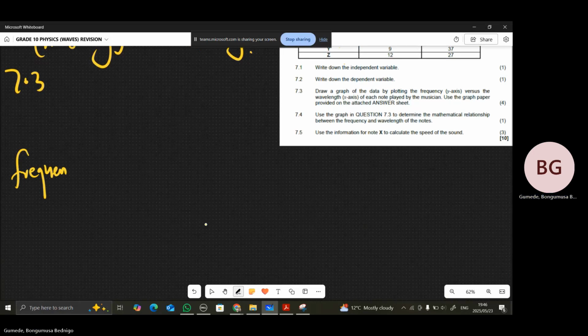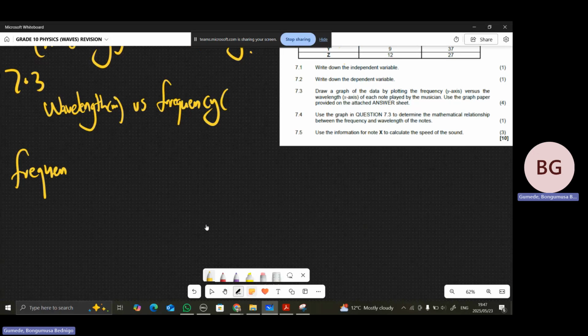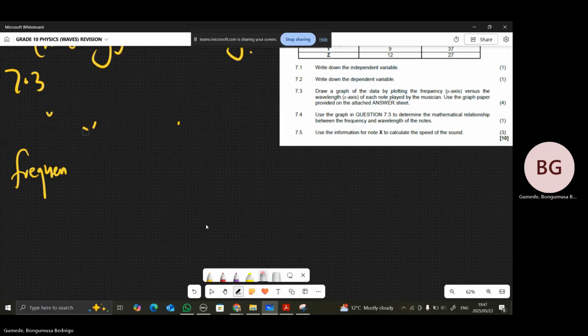For control, you can say wavelength, meters versus frequency. So whatever is on the y-axis, no. Actually, you are supposed to say frequency versus wavelength. Just like velocity-time.